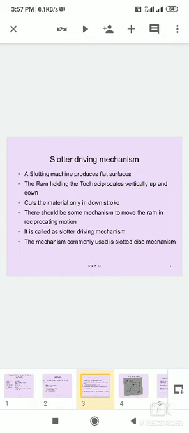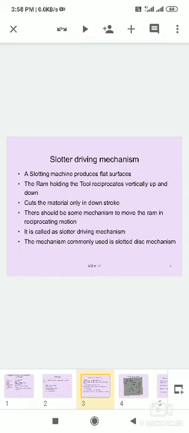The ram is attached to the vertical column, and the cutting tool can be attached to the ram tool holder. The cutting tool is made of high carbon steel and high speed steel.